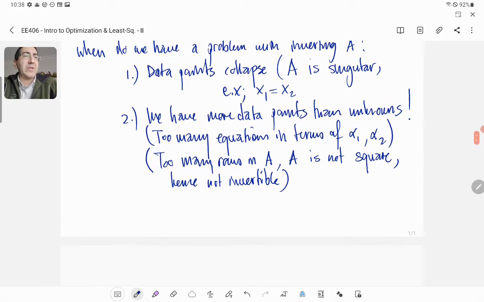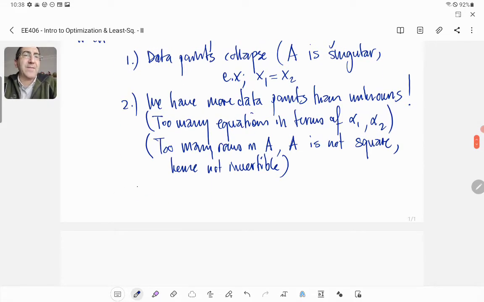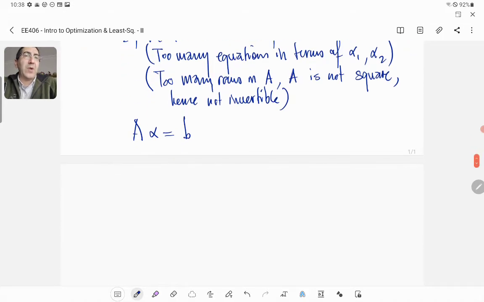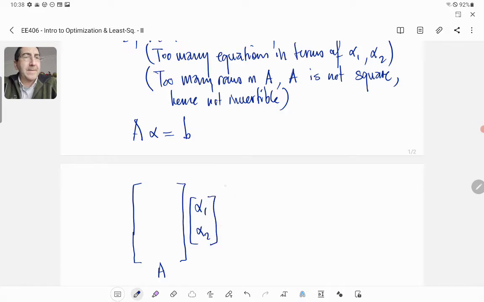Remember that in your A alpha is equal to B, each data point essentially results in a row in this equation. Remember this is just alpha 1 and alpha 2, and you have the B matrix.